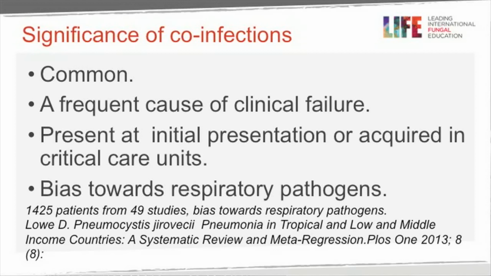Now, the co-infections can actually be present at initial presentation, or patients who have severe infections with Pneumocystis pneumonia who end up in critical care units then acquire hospital-acquired infections, either in general wards or in the critical care units.